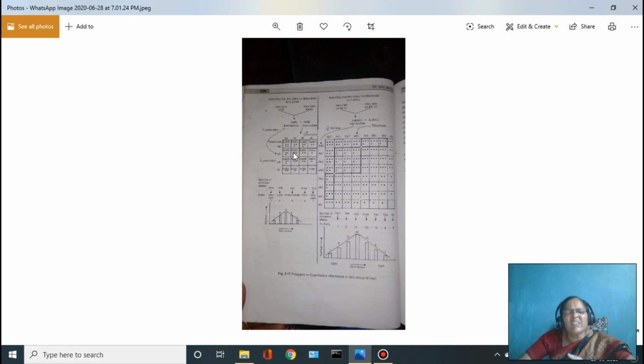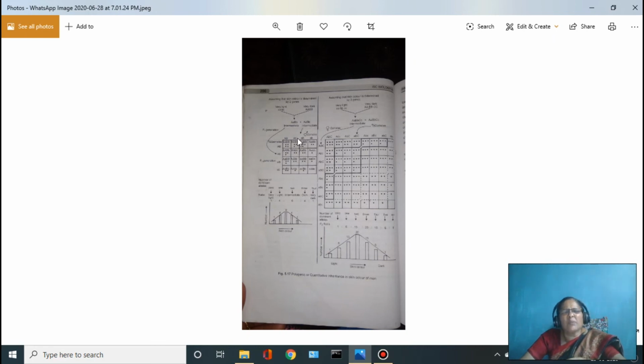When two genes are responsible for the production of skin color, there are 4 combinations, so 16 progenies are obtained in the ratio 1:4:6:4:1. 1 is very light, 4 light, 6 intermediate, 4 dark, 1 very dark.